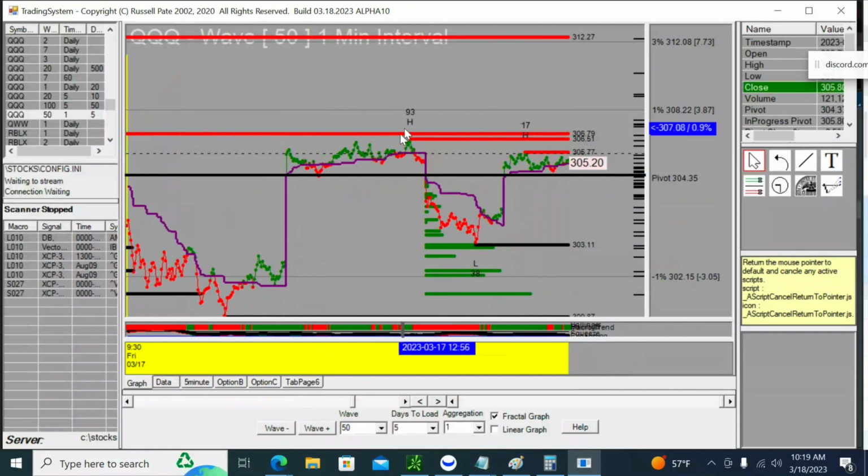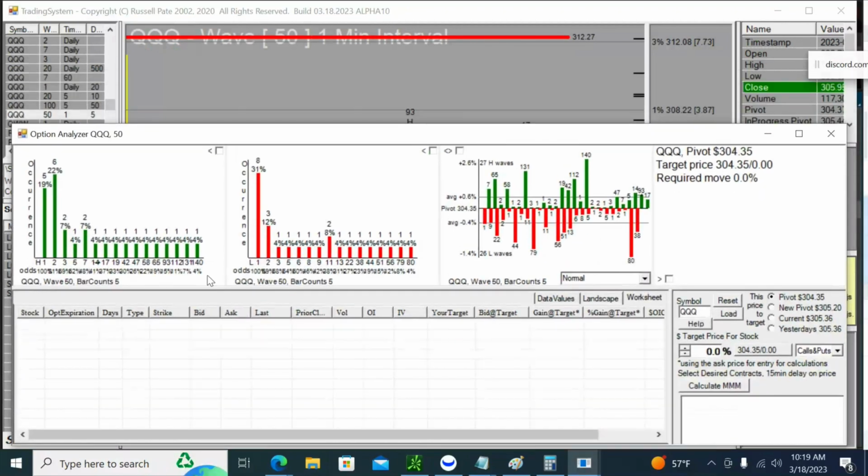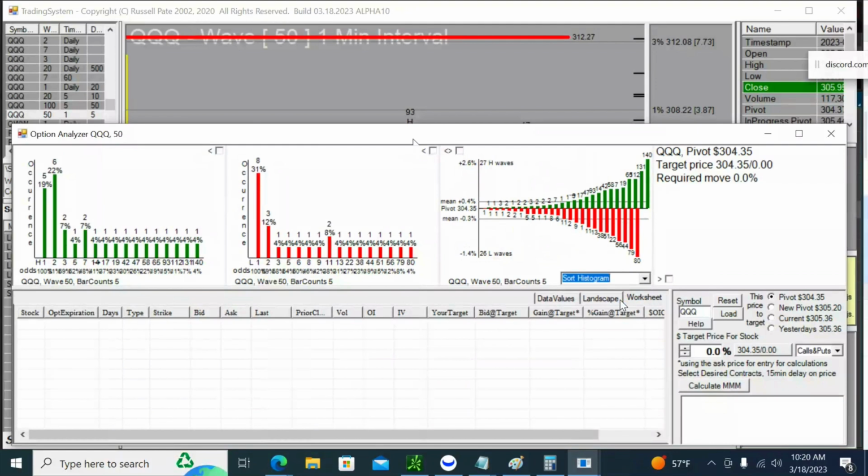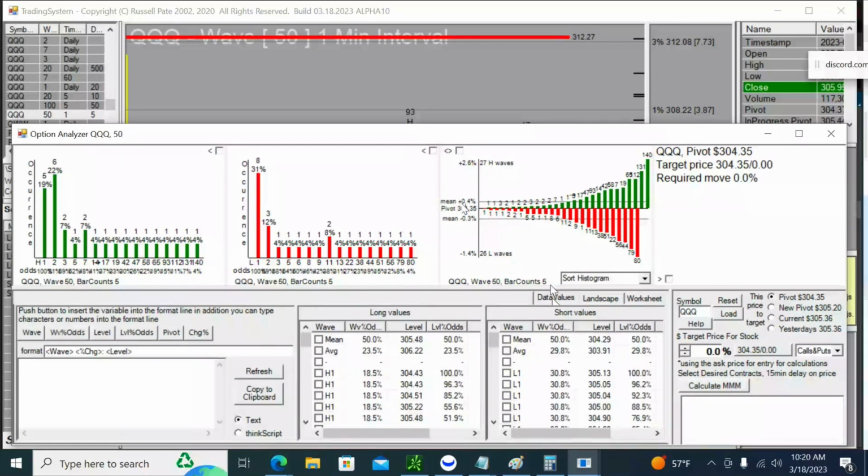Now, another thing I can do, and I'll do it in here too, is when I'm seeing this unfolding and I'm seeing a 93H, we load more days up. Oh, 5. Okay, that's as much as we can get here. So I'll go into here and look at how the pattern is, where we're at. Here the mean is at 0.04, and now with our new data values, we can figure that out.